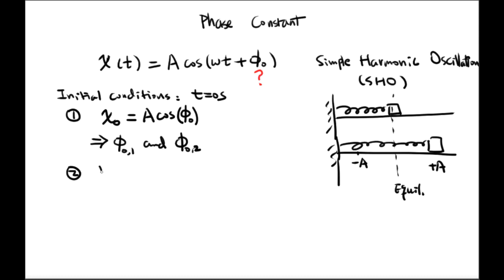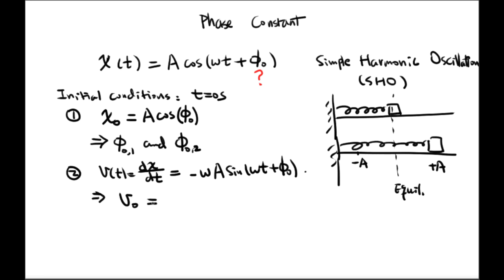Velocity, as we know, is given by the derivative of position versus time. If we have such a displacement equation, then the velocity is given by negative omega A sine of omega t plus phi naught. Now if I plug in t equals 0 seconds, I get v naught equals negative omega A times sine phi naught.